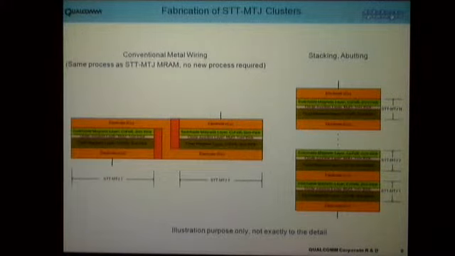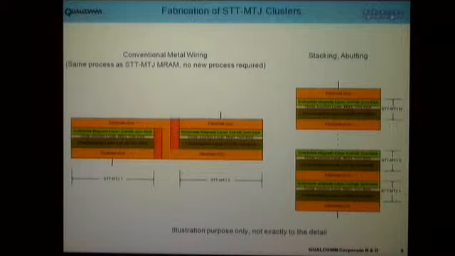This slide is just to illustrate how the STT-MTJ clusters can be fabricated. In one case, we can connect the STT-MTJs in one STT-MTJ cluster through vias and conventional wiring.